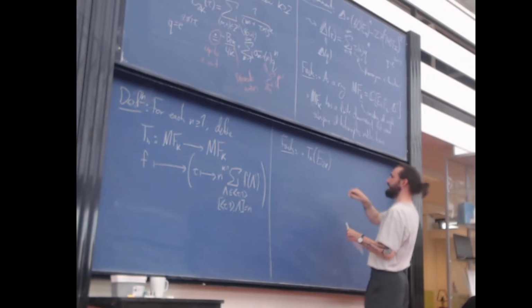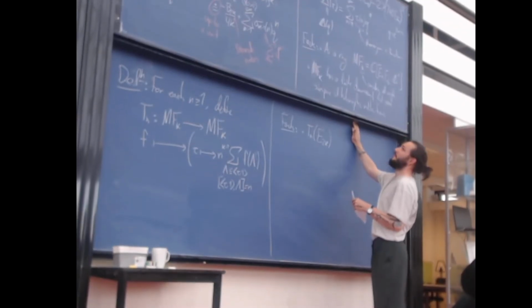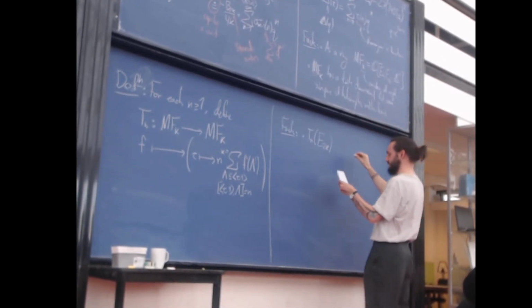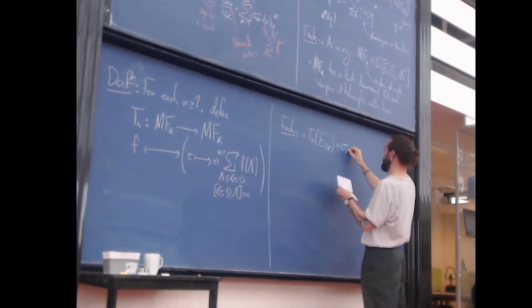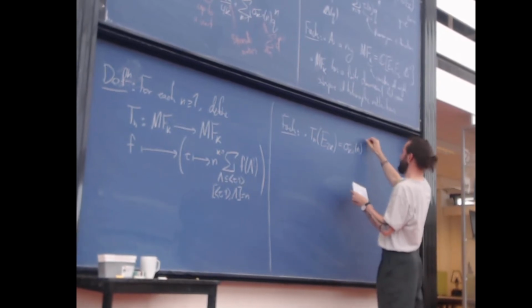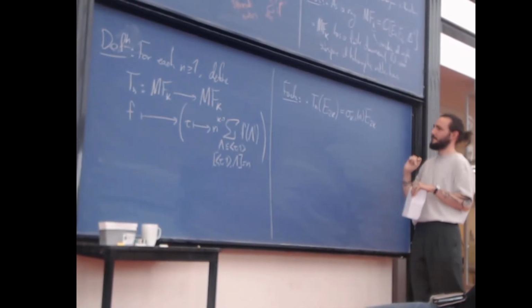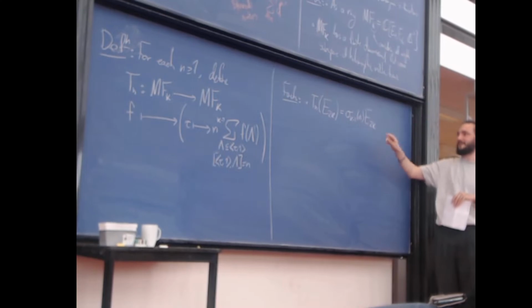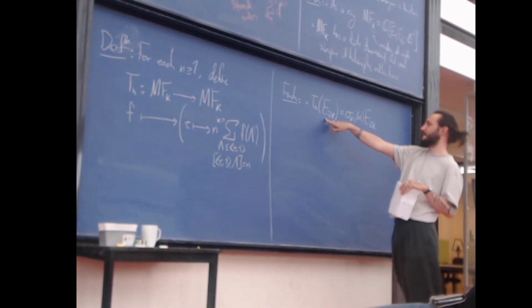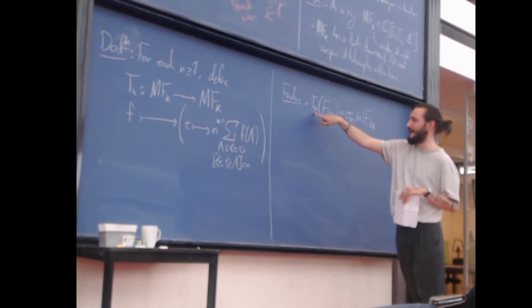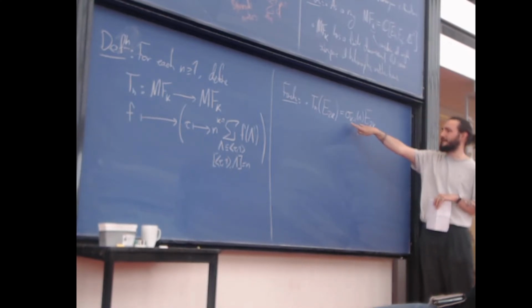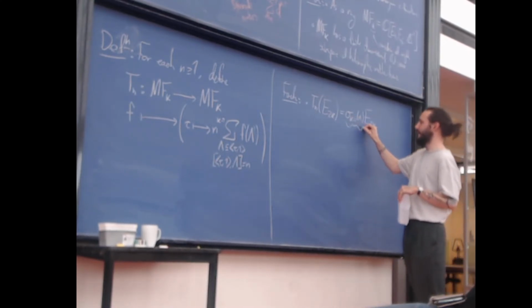So if you apply the nth Hecke operator to an Eisenstein series, what you end up with is an eigenvector. So the Eisenstein series are eigenvectors for the nth Hecke operator, and the eigenvalue, well, that is the interesting part.